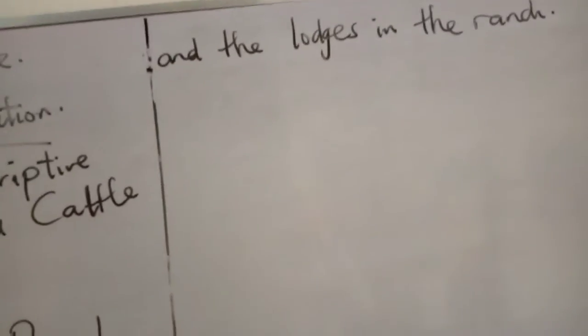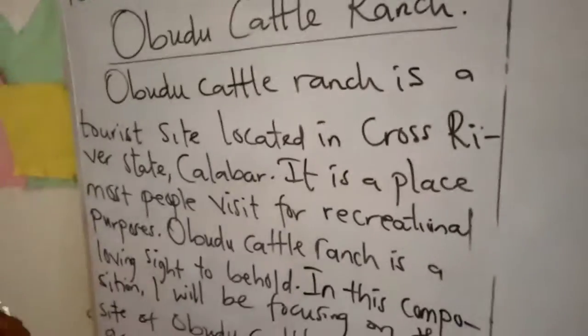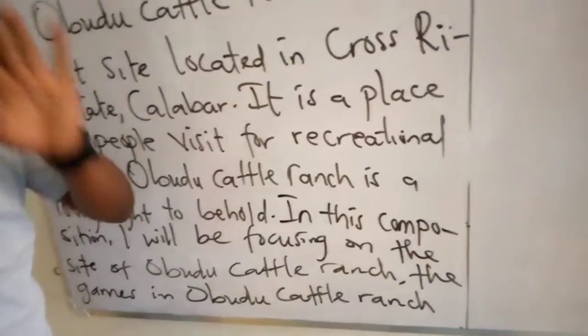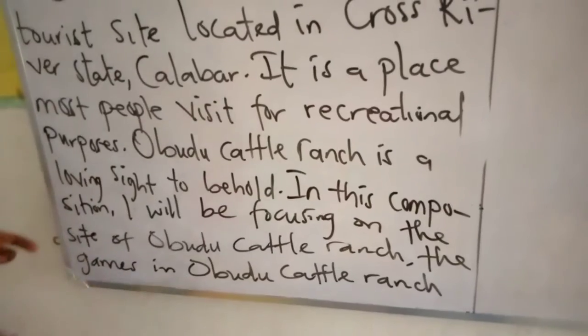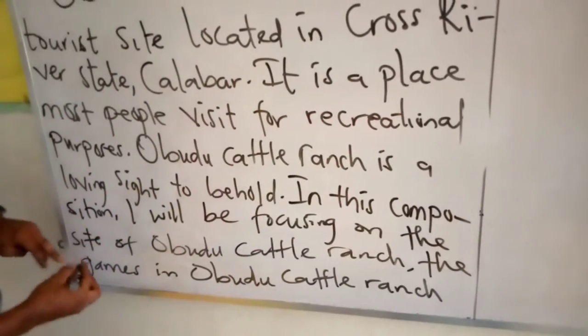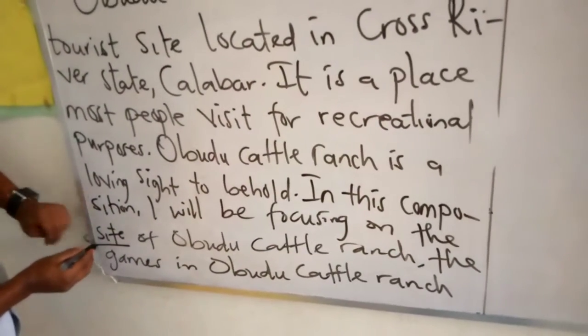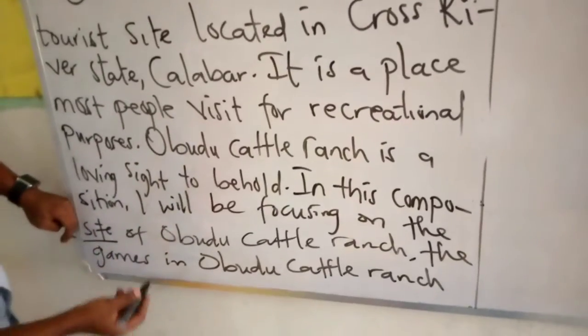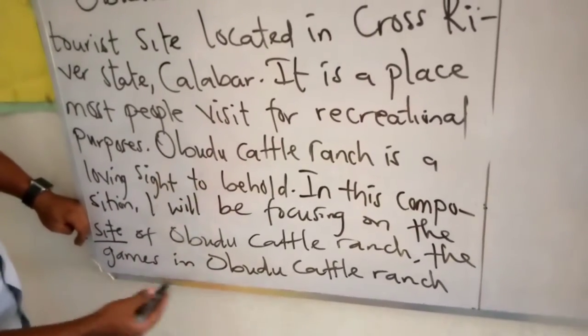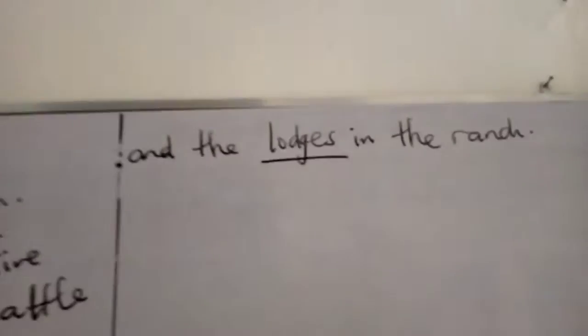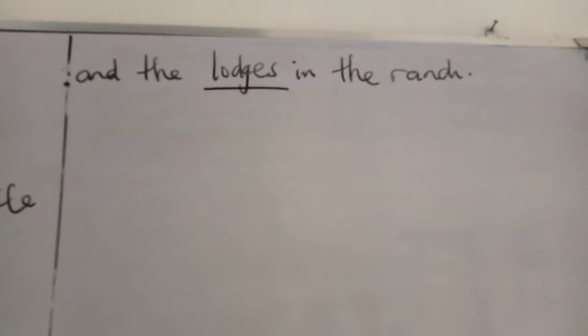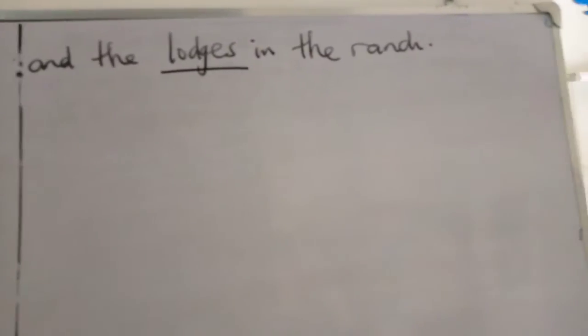So now, I told you that your thesis statements must be three. So one here focusing on the site of Obudu Cattle Ranch, then games two, and the third one here we talk about lodges. So these are the three thesis statements we'll be talking about in our writing.